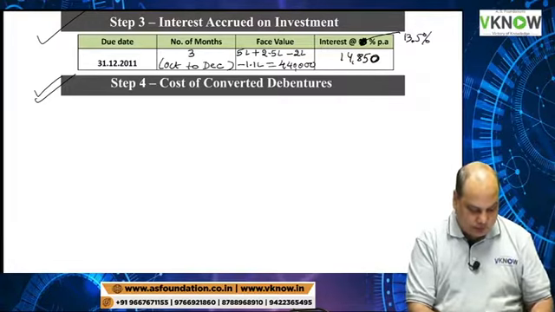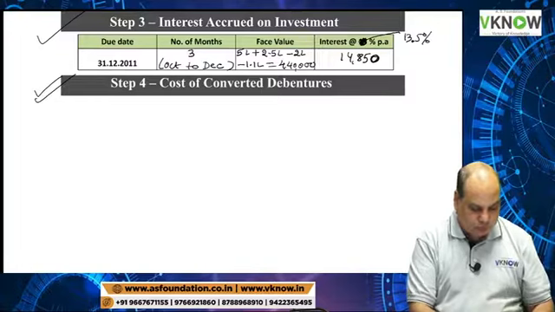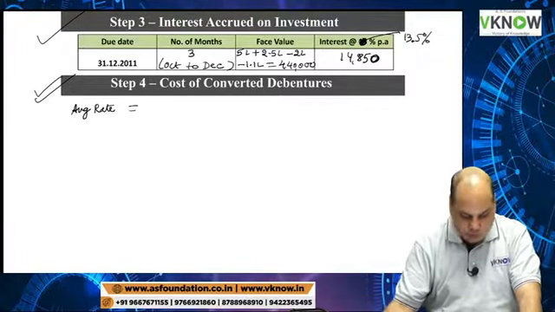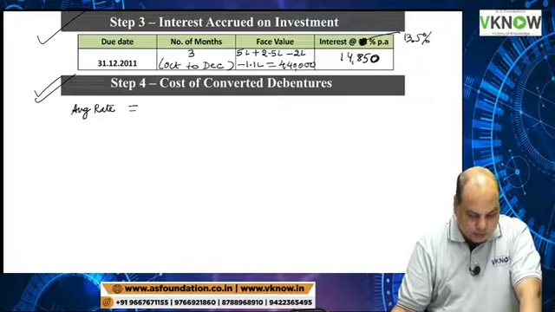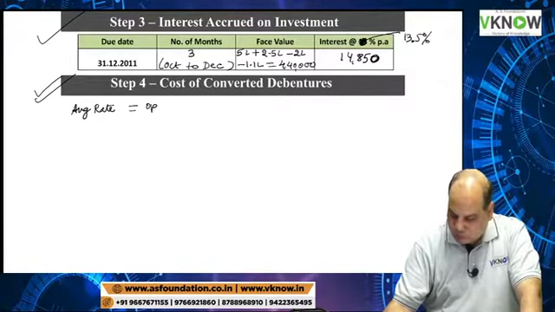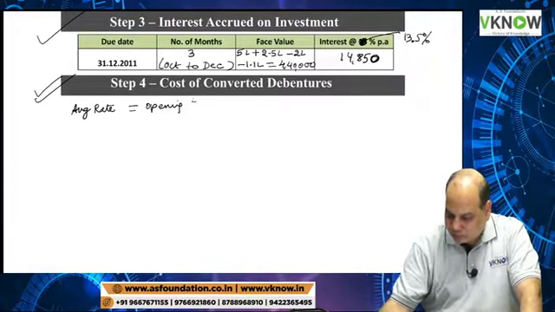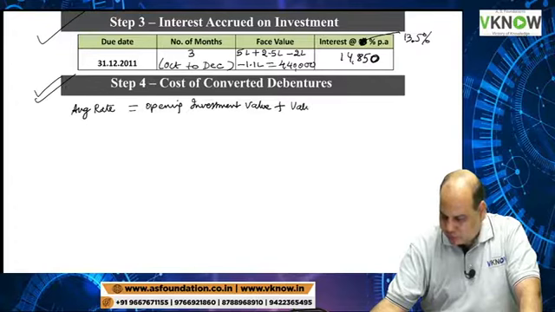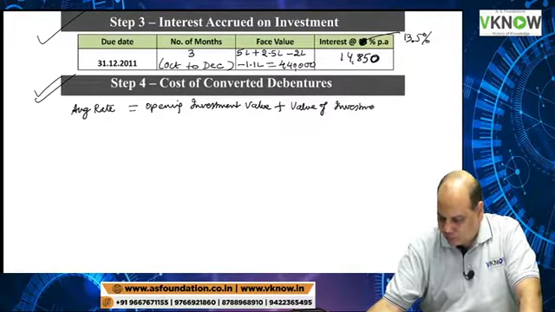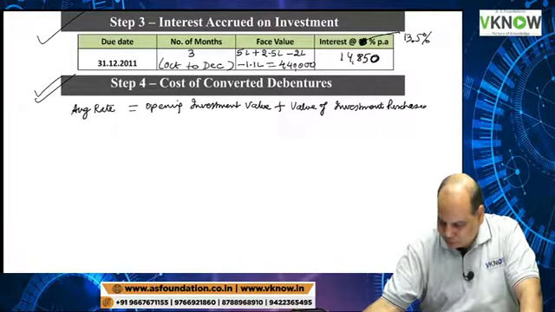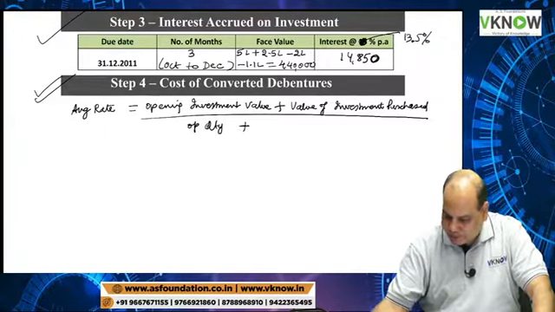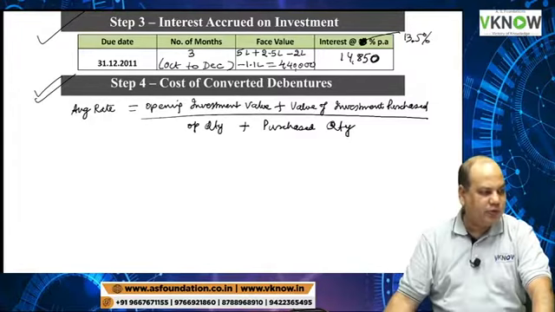Average cost of converted debenture, so the average rate is equal to opening investment value plus value of investment purchased, upon opening quantity plus purchased quantity.